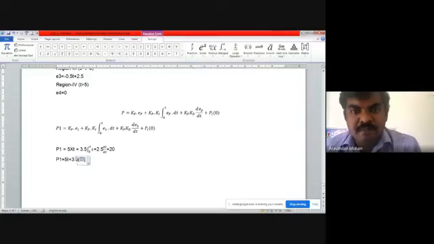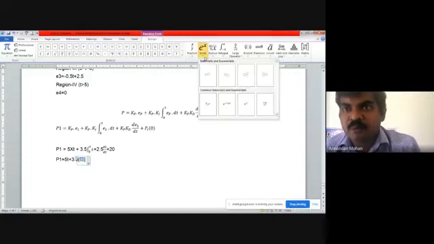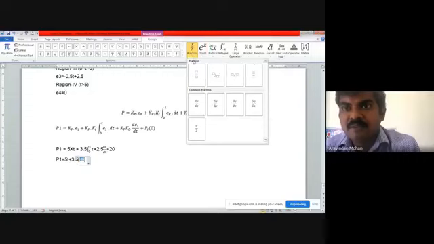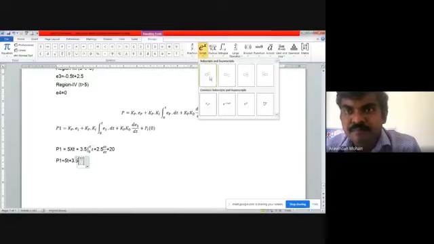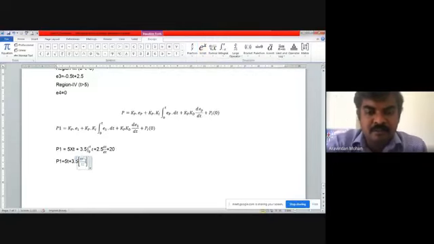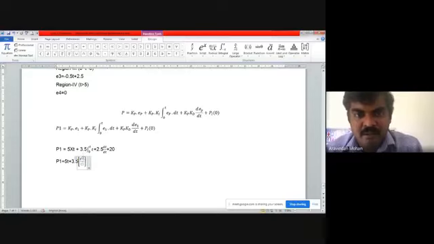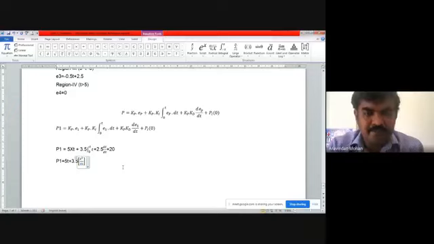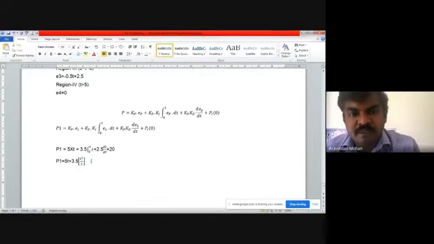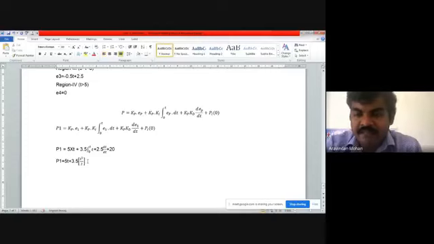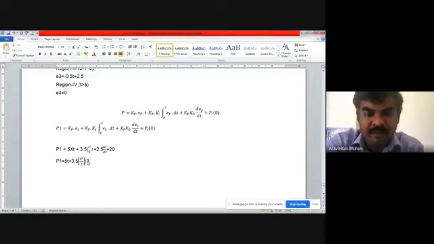This particular equation becomes t square by 2, with the intervals 0 comma t.